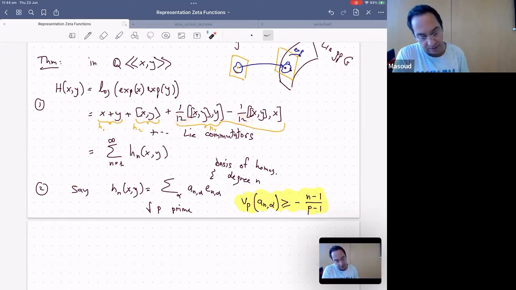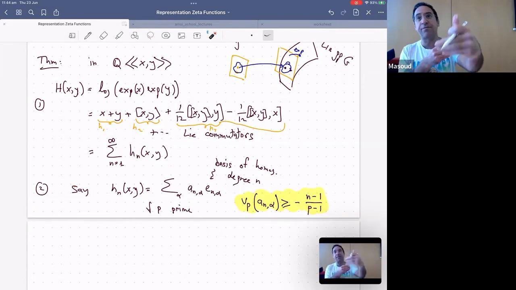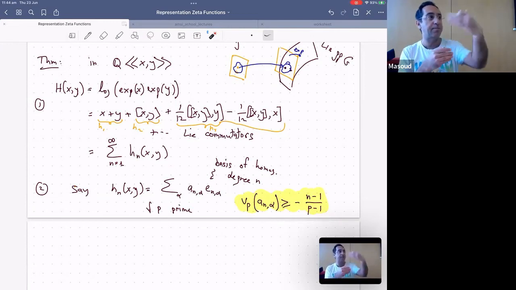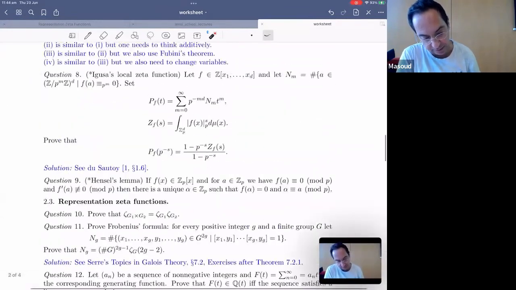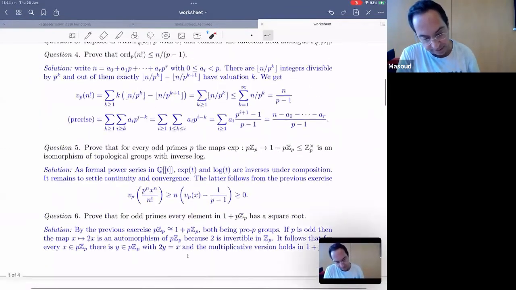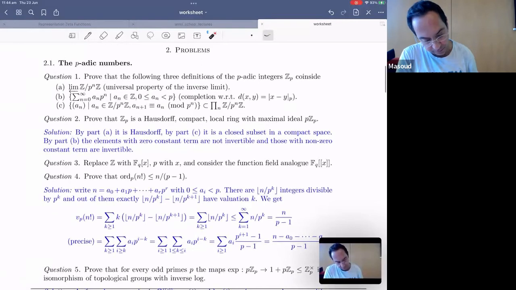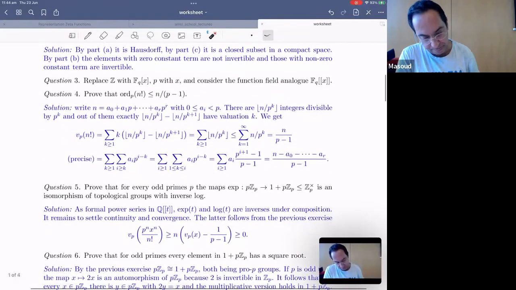In particular, if I'm confining myself to a specific p-adic, and I'm taking a deep enough congruent subgroup, P to some power, as in the first exercise here, or maybe the second, then when you solve this exercise you see that the exponential map converges.